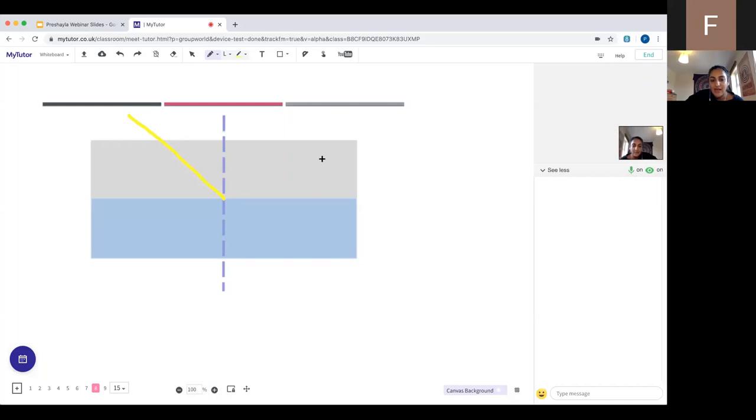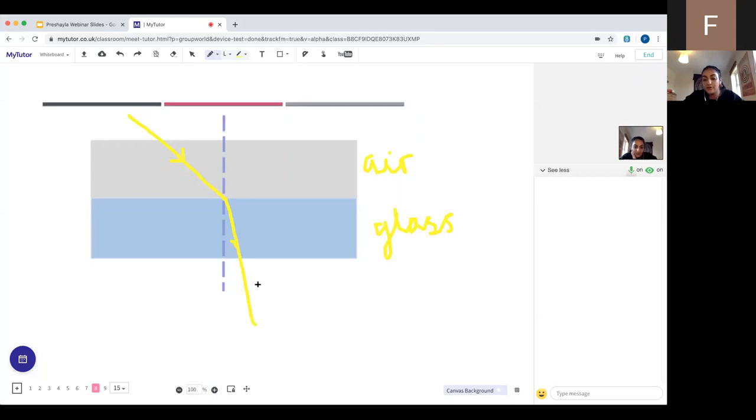Okay, so this is air up here. And this is glass down here, or water, whatever you want it to be. Okay, so we have our light ray coming in. Again, it's an incident ray. Then we have the refracted ray. So the light bends and goes off at a different angle.